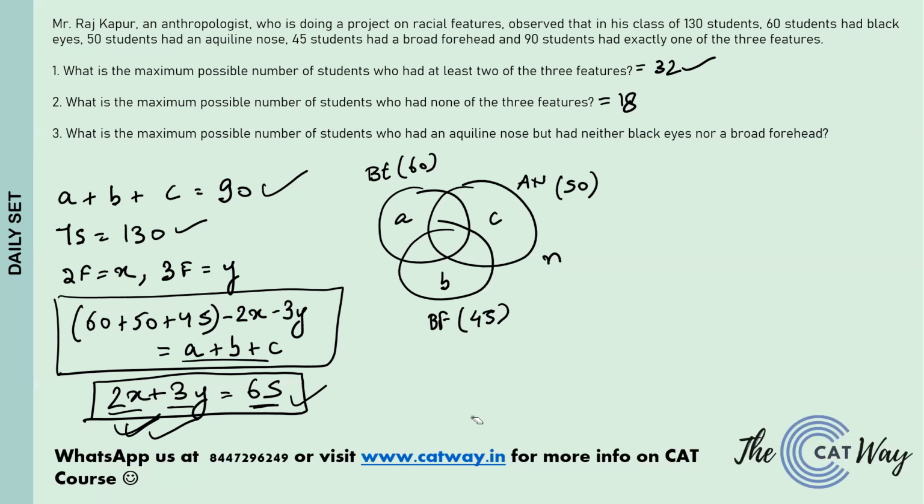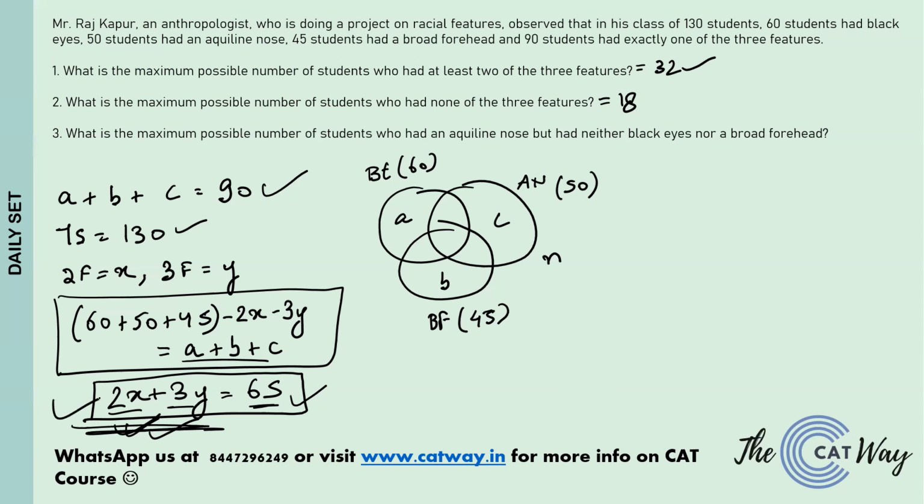Now if you see, this is one equation that we have to satisfy. Otherwise we might have taken this to be equal to 50, but that is not possible. Why is it not possible? Because there are people who are definitely going to have 3 features, since only using 2x equal to 65 is not possible.